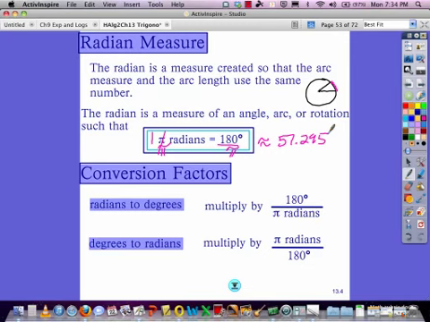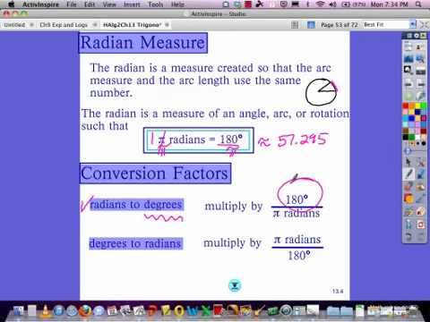If we have radians and we want to turn it into degrees, we will multiply by 180 degrees divided by pi radians. The radians would cancel. That's exactly what we want, and it only leaves degrees. So what you want to remain in your answer is what the top value is.